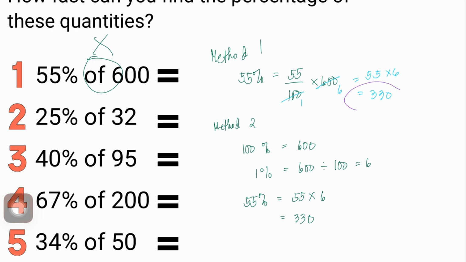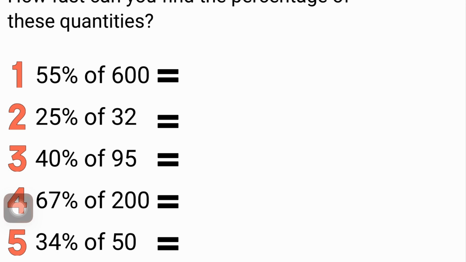The same answer we got using method number 1. So 55% of 600 is equal to 330. You can choose whether you're going to use method number 1 or method number 2. It's up to you. But I prefer to use method number 1.